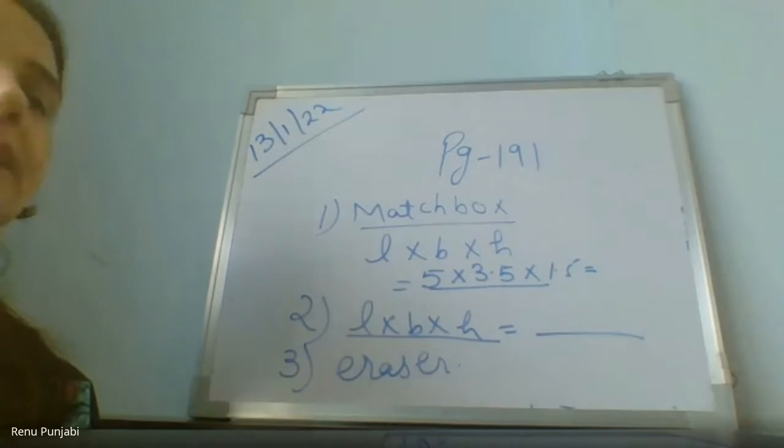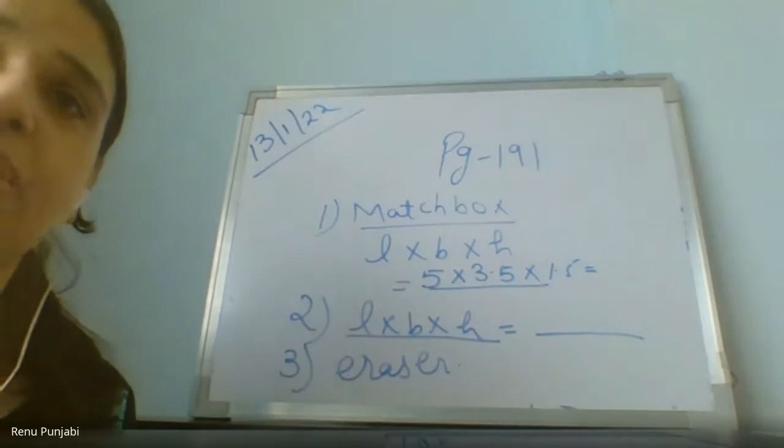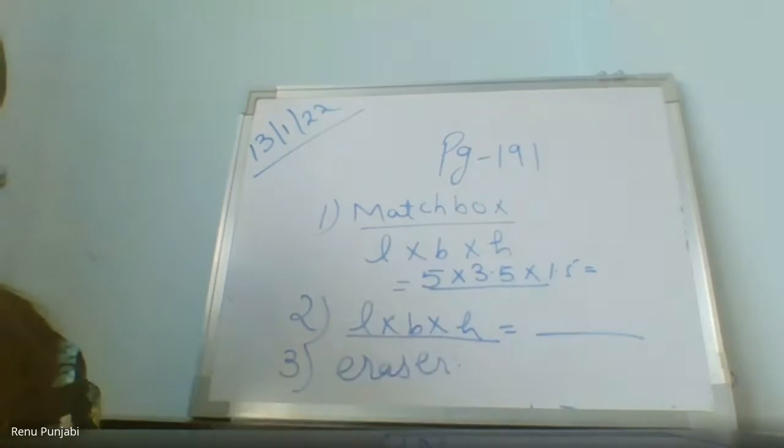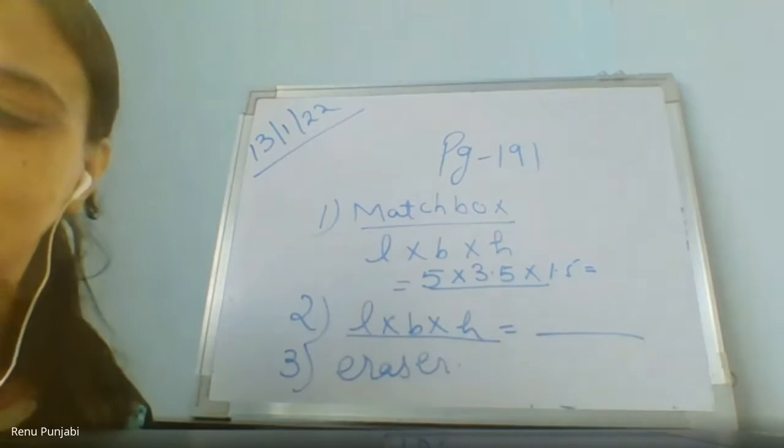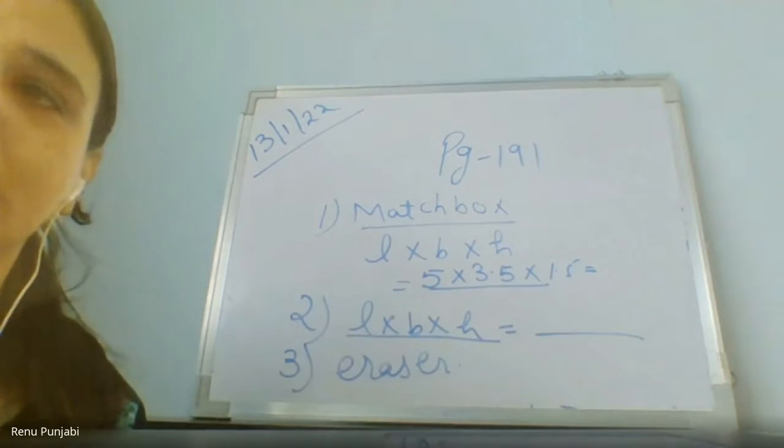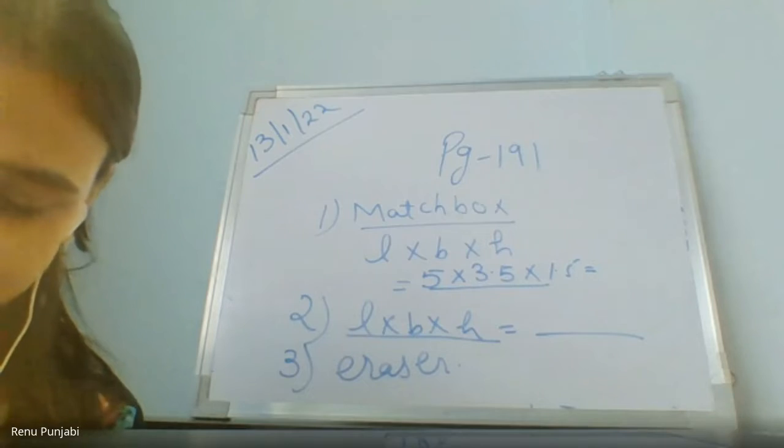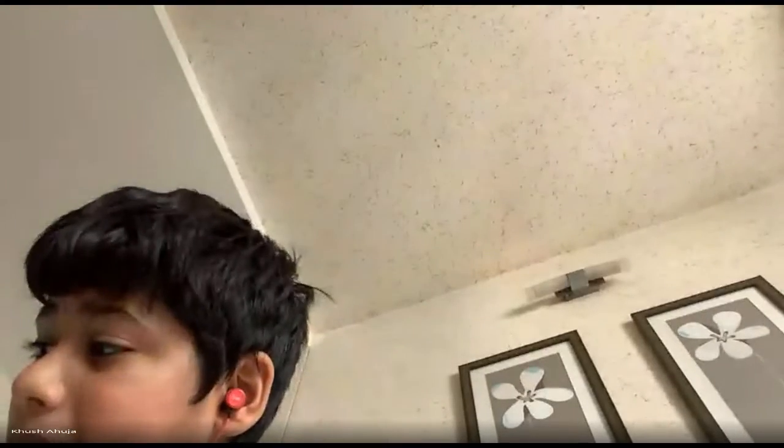So Anushka, multiply them and find the answer. It is your matchbox measurement. I'm not forcing everyone to write the same answer. Please do it practically and write your own answer. My answer is coming 6 centimeter cubes.